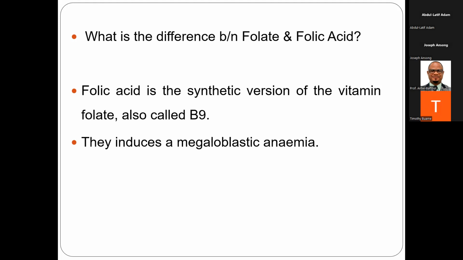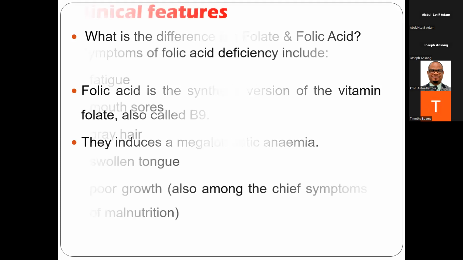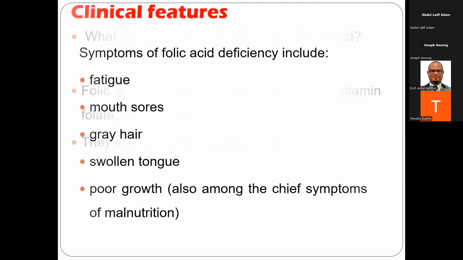Symptoms of folic acid deficiency include fatigue, mouth sores, gray hair, swelling of the tongue, and poor growth, also among the chief symptoms of malnutrition as well.